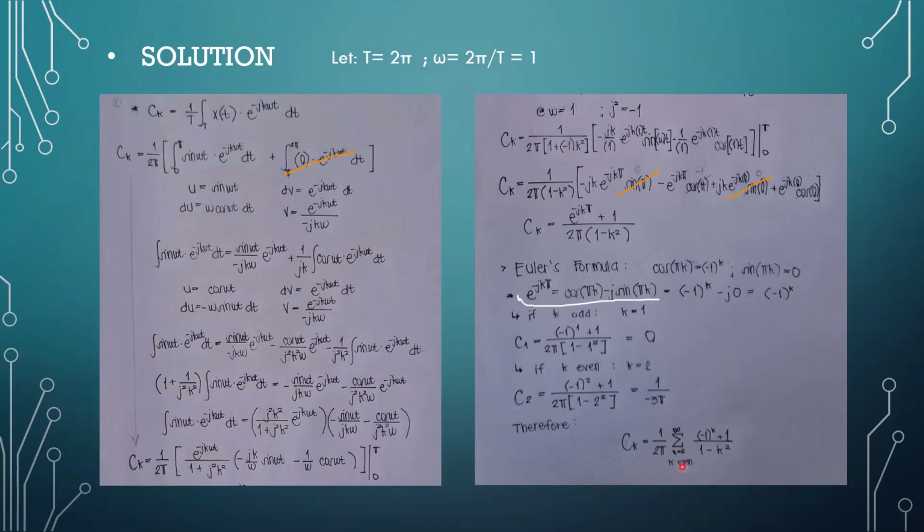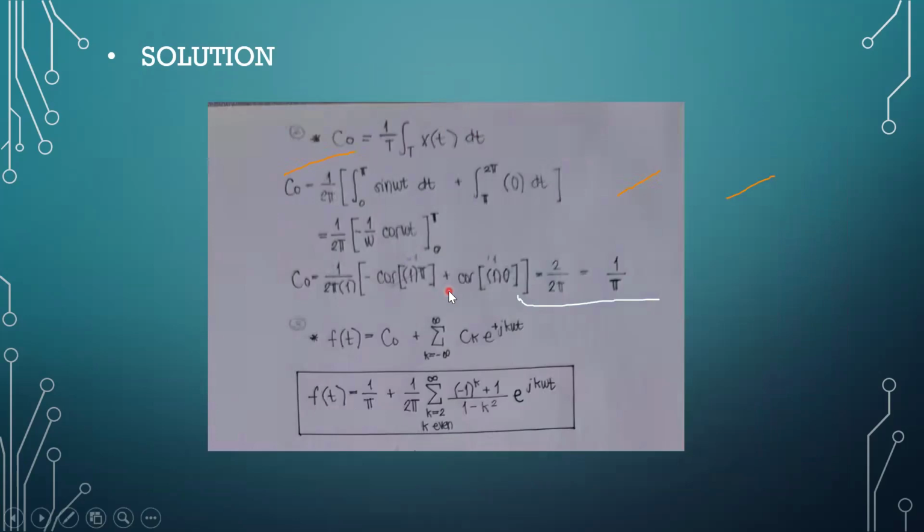So next, we're going to compute for c sub naught. C naught is 1 over T integral of x of t dt. So again, just substitute the fundamental period and the piecewise function.